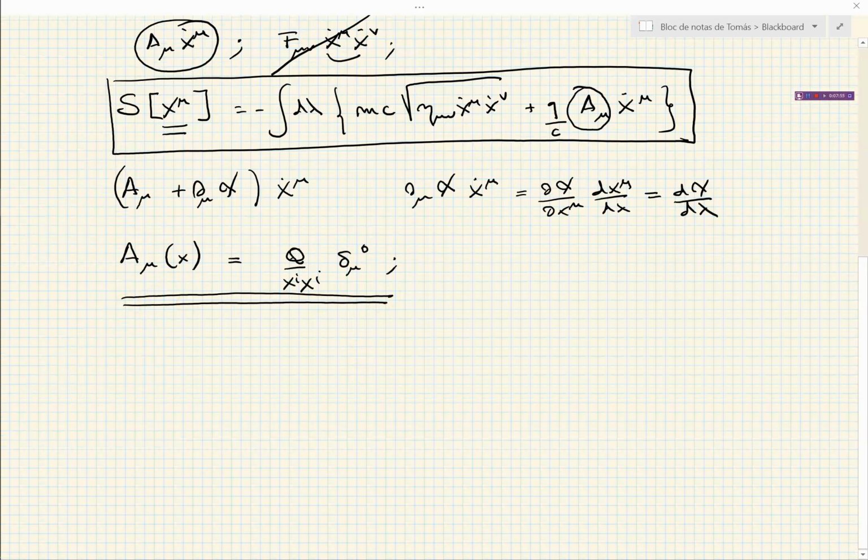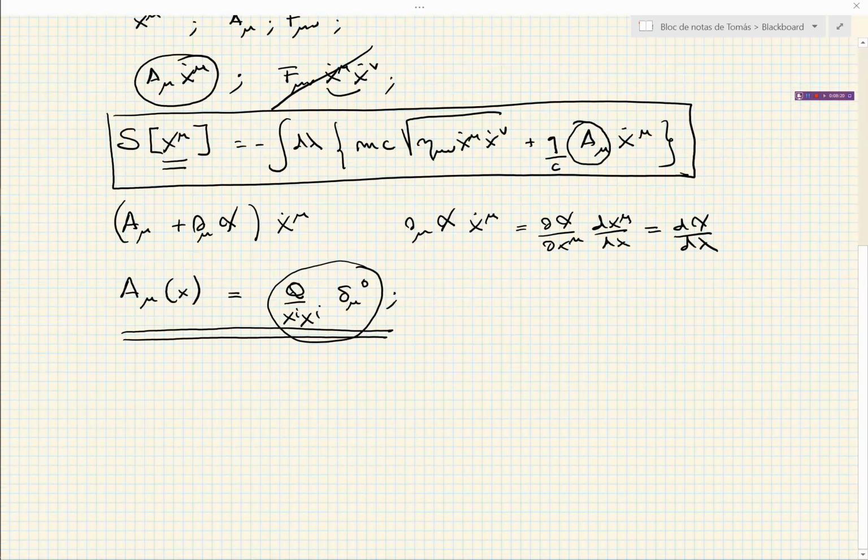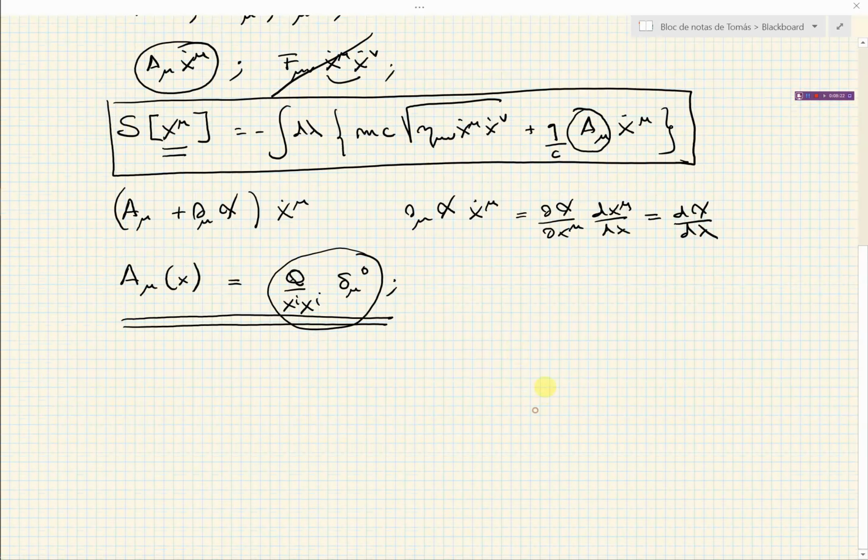In order to study this, we will see later that we have to make A mu, instead of a background field, a dynamical field, a dynamical variable, and we will have to make a few changes. Plus, we should add the Maxwell Lagrangian, because we need something that tells us what is the dynamics of this field. Okay, so this we will do later.